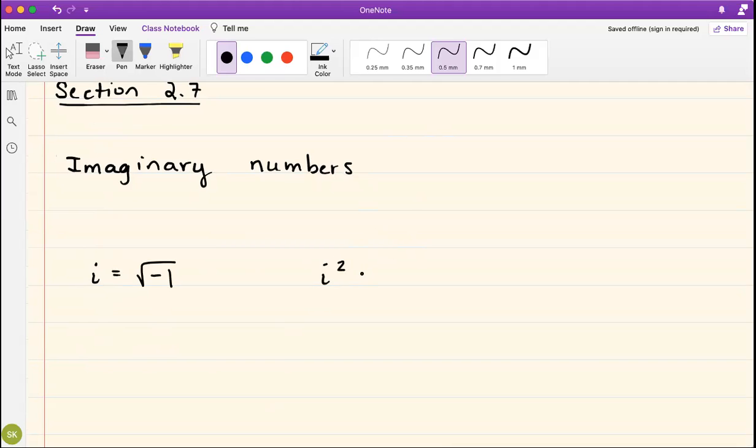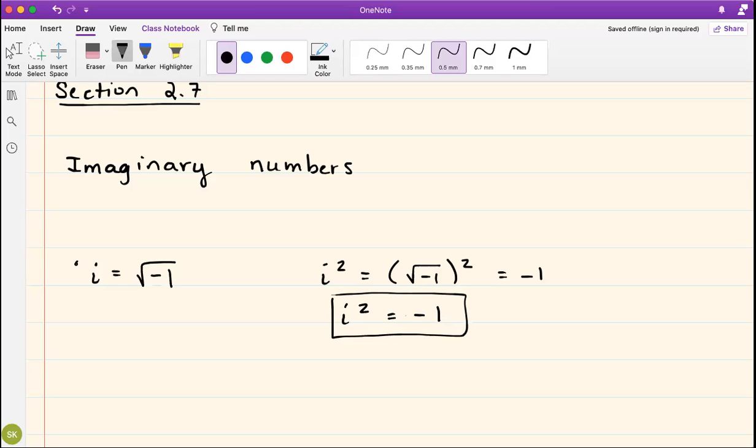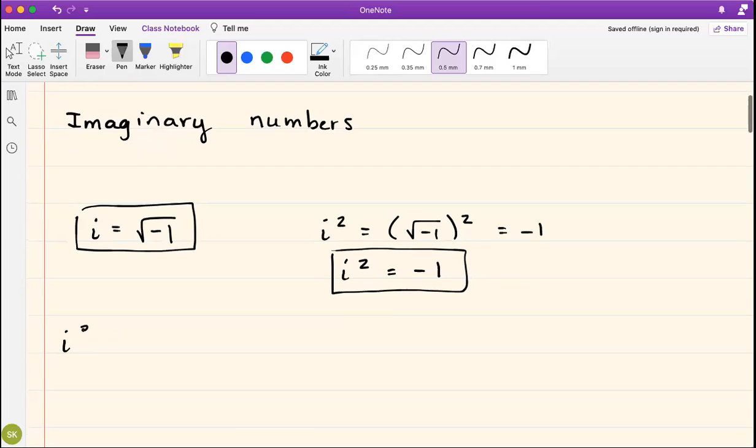If we square i, that's squaring the square root of -1, and what we're going to get is -1. So if we multiply i with itself, we get -1. If we cube i, this is the square root of -1 cubed, which is the same thing as the square root of -1 squared times the square root of -1, because I have two of these and one of these.